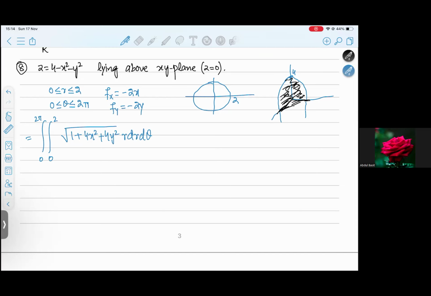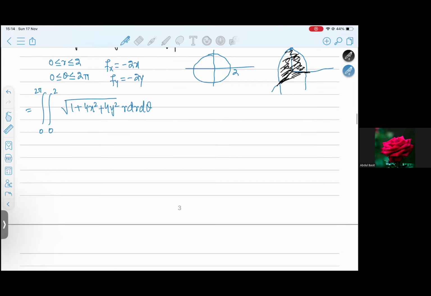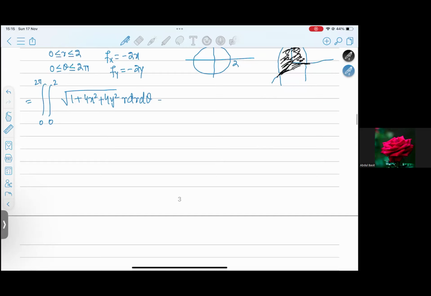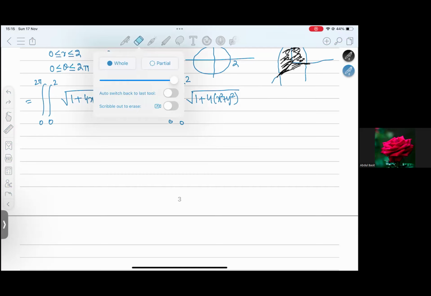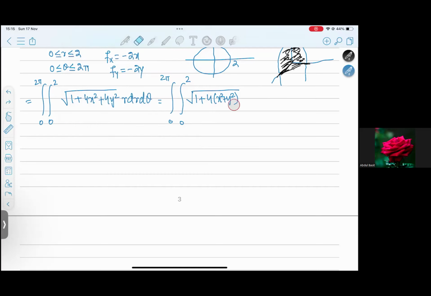Okay, now you can see if I take 4 common, I can write this integral as 1 plus 4 times x square plus y square, and that x square plus y square is equal to r square, and r dr d theta.